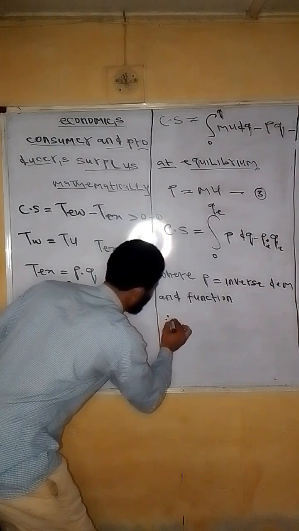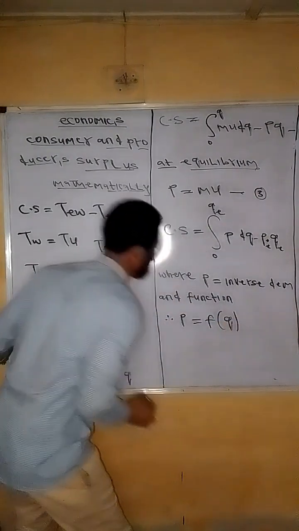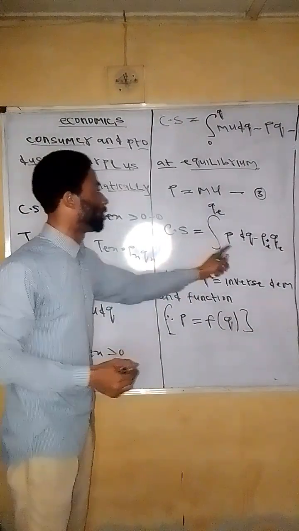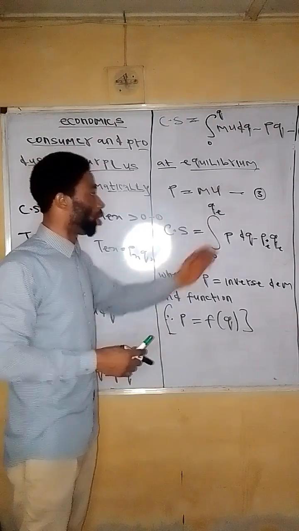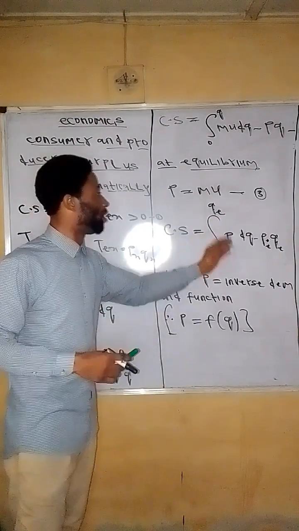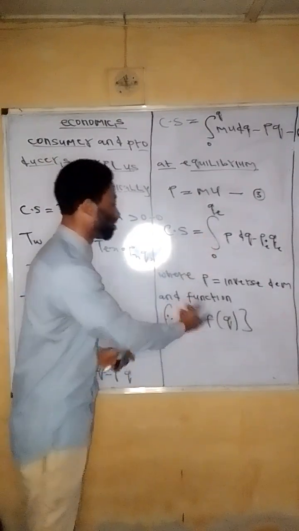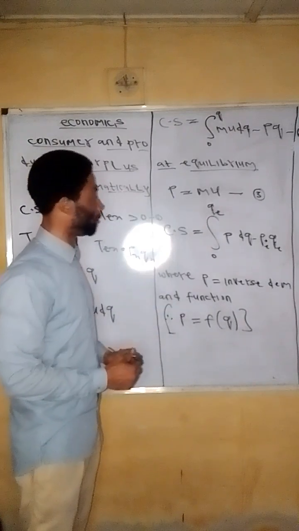So it simply means that P must be given in the form of f(Q). This is what we mean by inverse demand function. It simply means that this P is no longer just price, although it is called price in economic jargon, because price is the same thing as average revenue, and average revenue is the same thing as the demand function. So this price is simply the inverse demand function.